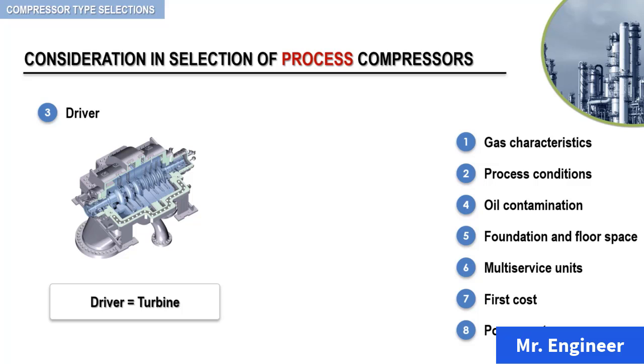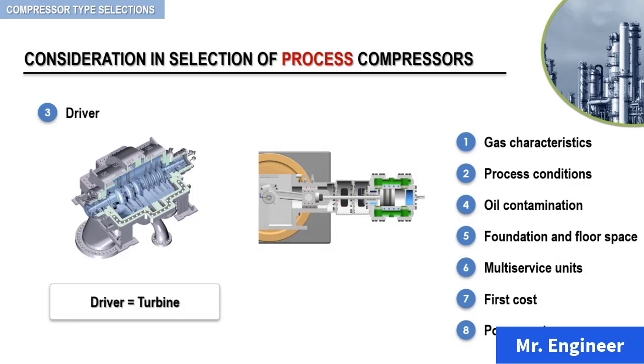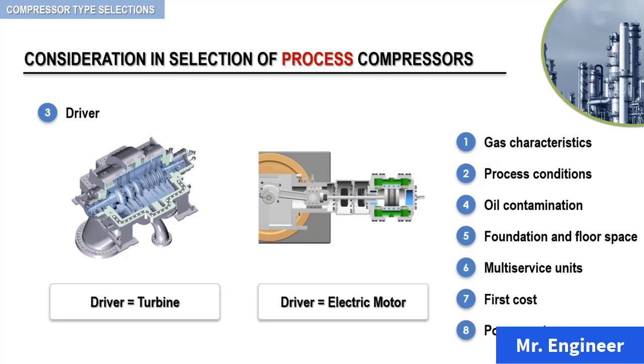The reciprocating compressor should probably always receive first consideration if the driver is to be an electric motor. This is because the majority of motor-driven centrifugal compressors require a speed-increasing gear, which increases the investment and maintenance cost by a considerable amount.